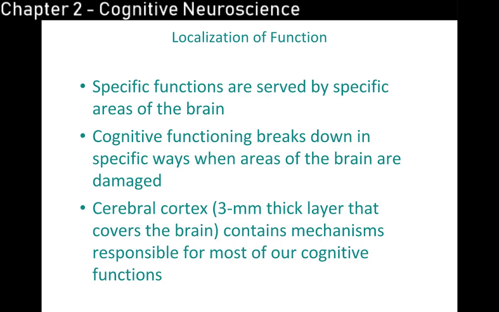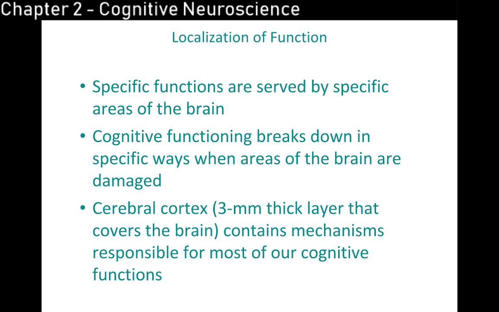Now, moving from this idea of the neural net activating, we start to look at bigger parts of the brain, and this is called localization of function. What that basically means is that cognitive neuroscientists look at different areas of the brain and what they're responsible for.